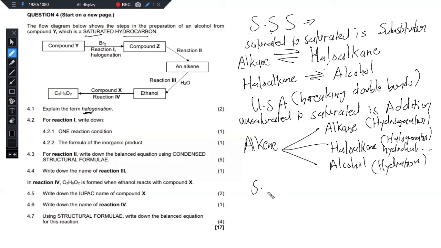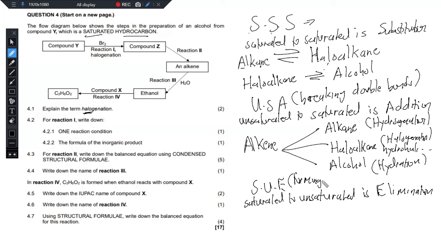Then SUE is saturated to unsaturated, which is elimination. This means you are actually forming double bonds.